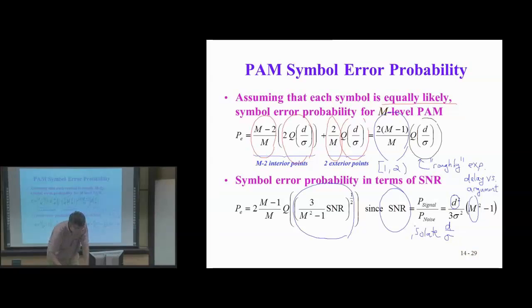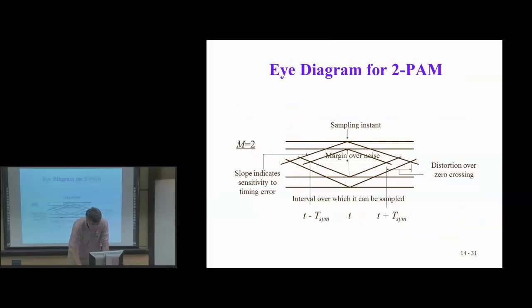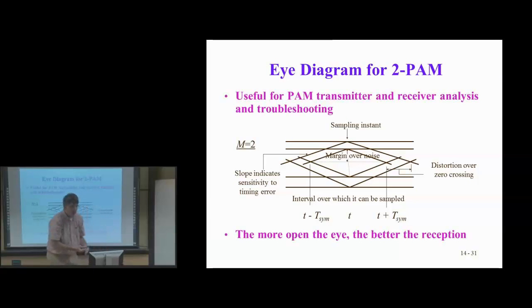All right, let's talk about eye diagrams to wrap up the remaining time. Here's an eye diagram for two-level PAM. We talked about visualizing a periodic signal by taking the plot in the time domain. We did this with a sinusoid.